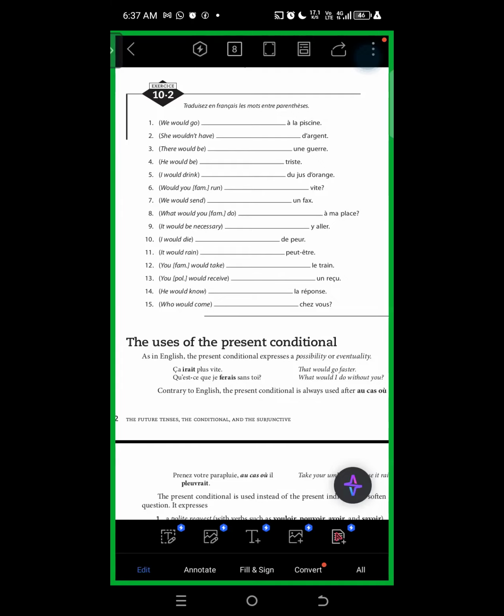Would you run? That is still interrogation. What will be your answer? Would you run? That's courir.